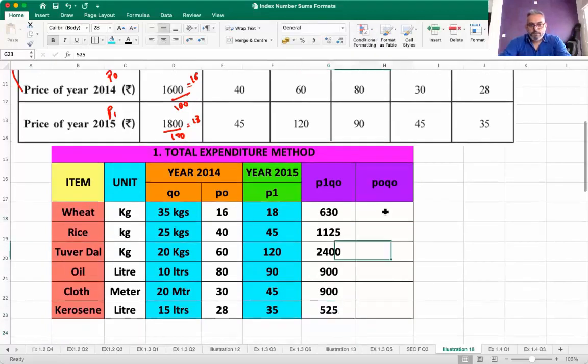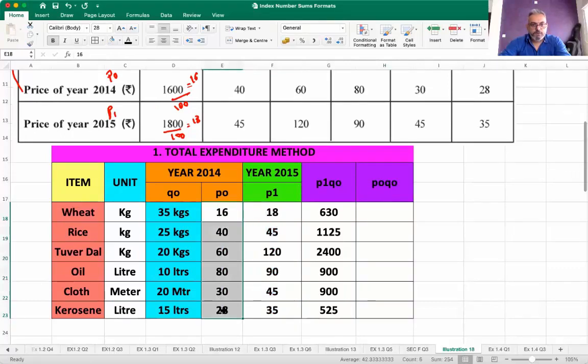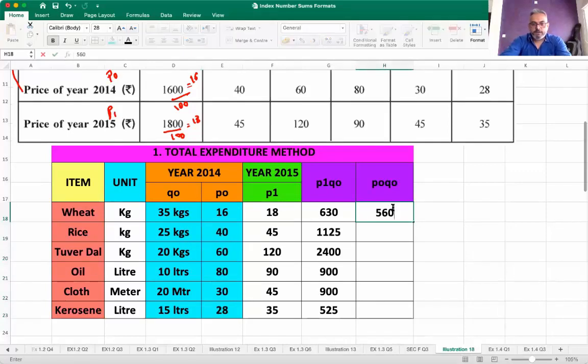Now, P0Q0. So I remove this column. P0Q0. So these two now. So 35 into 16, 560. 25 into 40, 1000. 1200. 800. 600. 420.